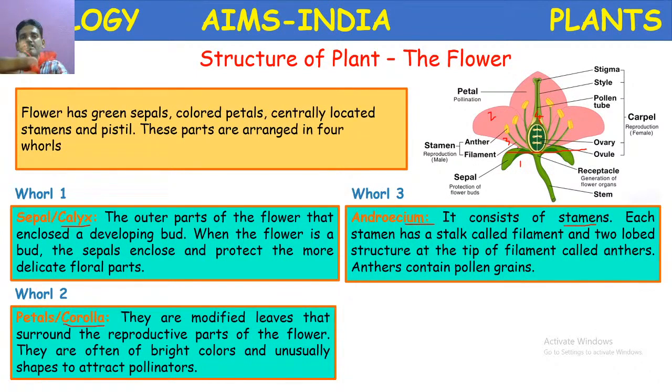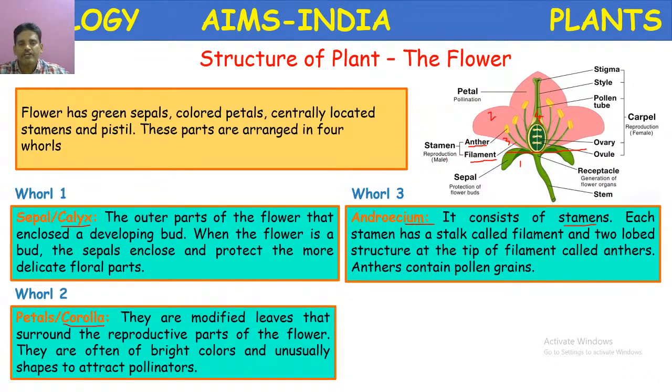So this central one is the pistil, and beside the pistil, the stamens are arranged. The number of stamens also varies from flower to flower. Okay, so stamens together are called androecium, and if you take a single stamen, there are two parts present, that is anther and filament.